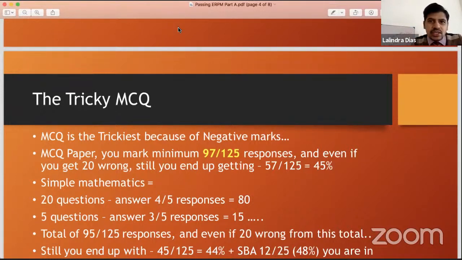Now understand this logic, all the students. If you answered 5 responses in an MCQ, and only 3 out of those 5 are correct, you are going to end up with only 1 mark for that question.